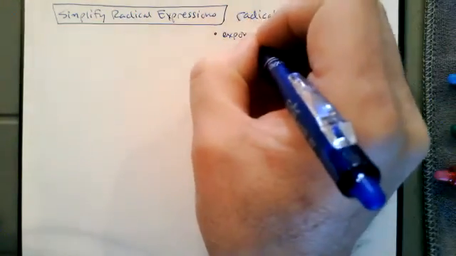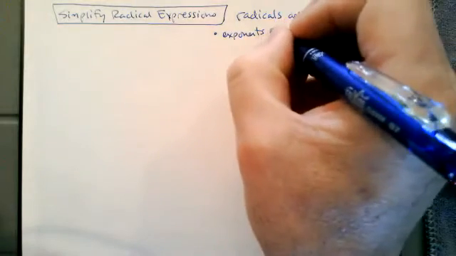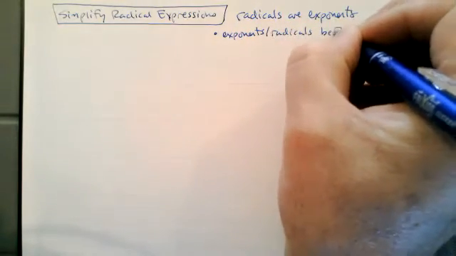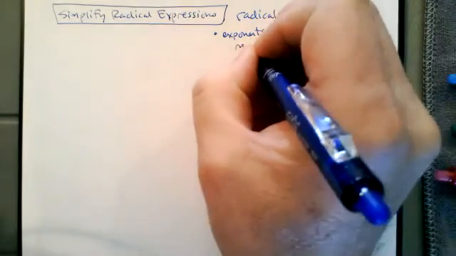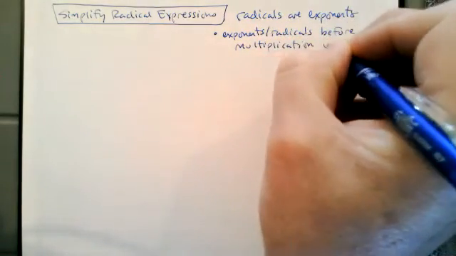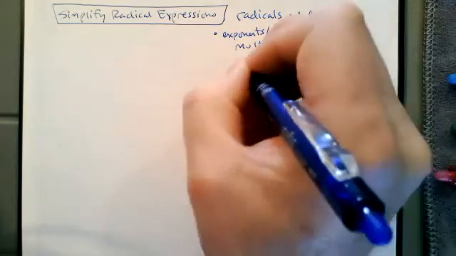So radicals go before multiplication, unless parentheses.